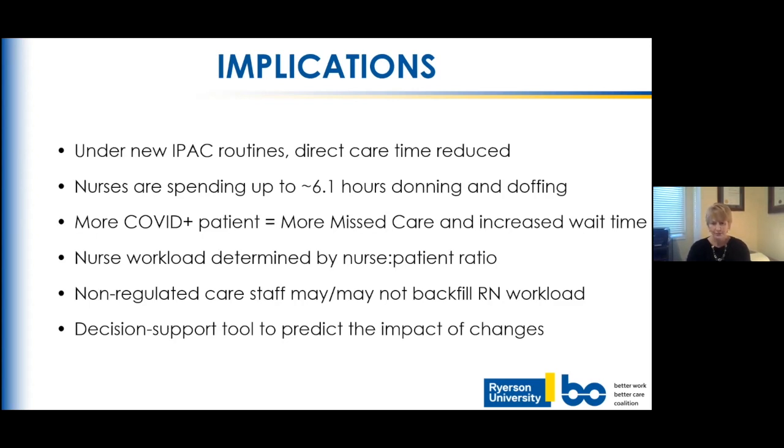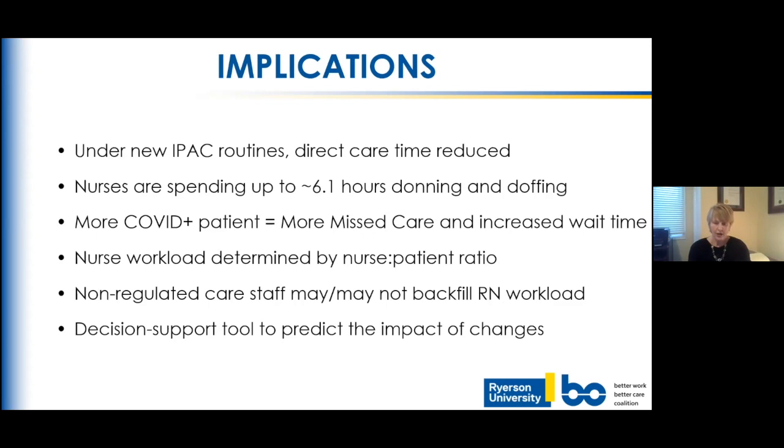According to the results that we've shown here, it's too high of a patient ratio. They're not able to complete their tasks by the end of the 12-hour shift. Or maybe we need to think about recognizing that missed care, such as teaching and emotional care, is going to be missed when nurses have the patient ratios that they have right now.